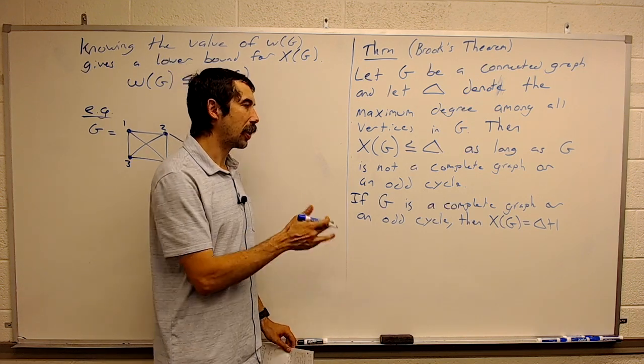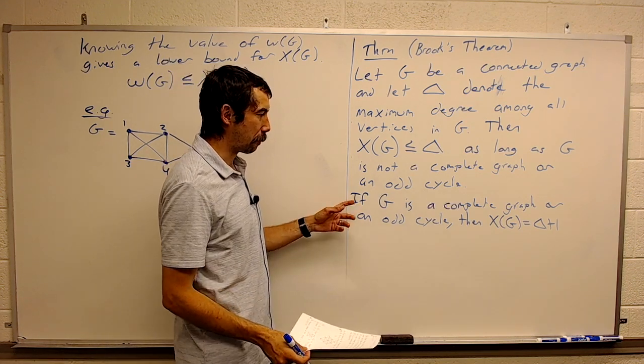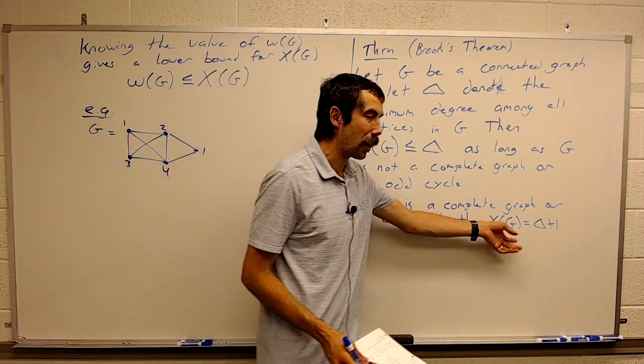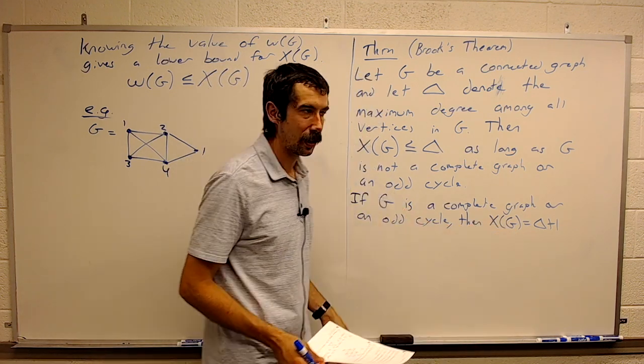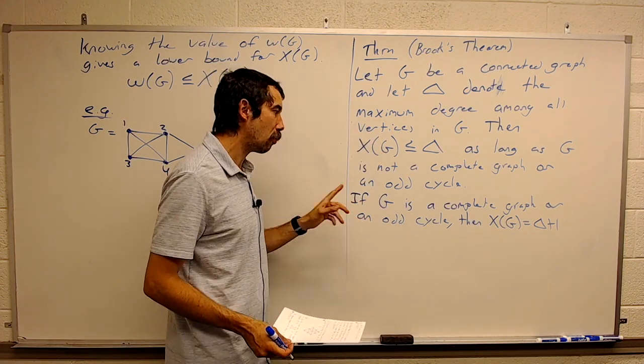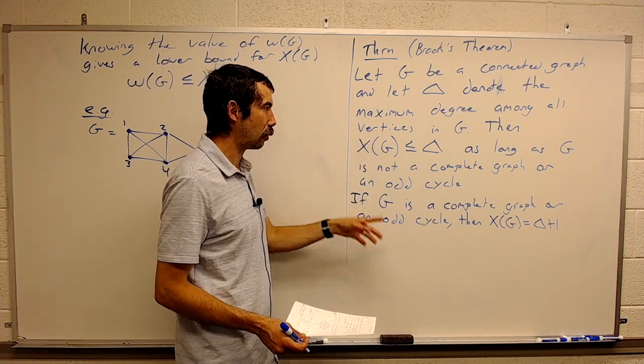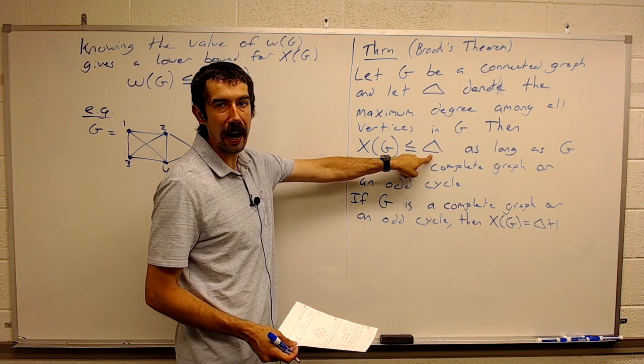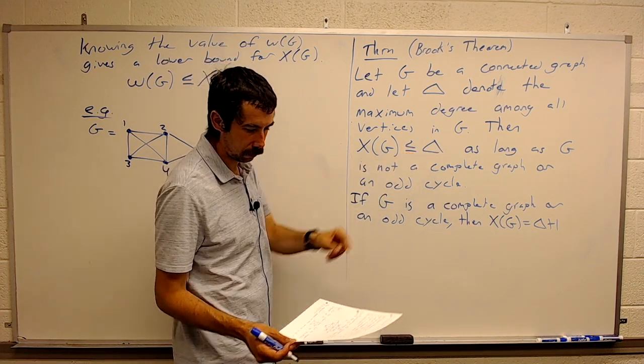Okay, so if our graph is complete or an odd cycle, then we know its chromatic number. That's what the theorem gives us. And in 99.99% of the cases when we don't have a complete graph or an odd cycle, we have an upper bound for our chromatic number.